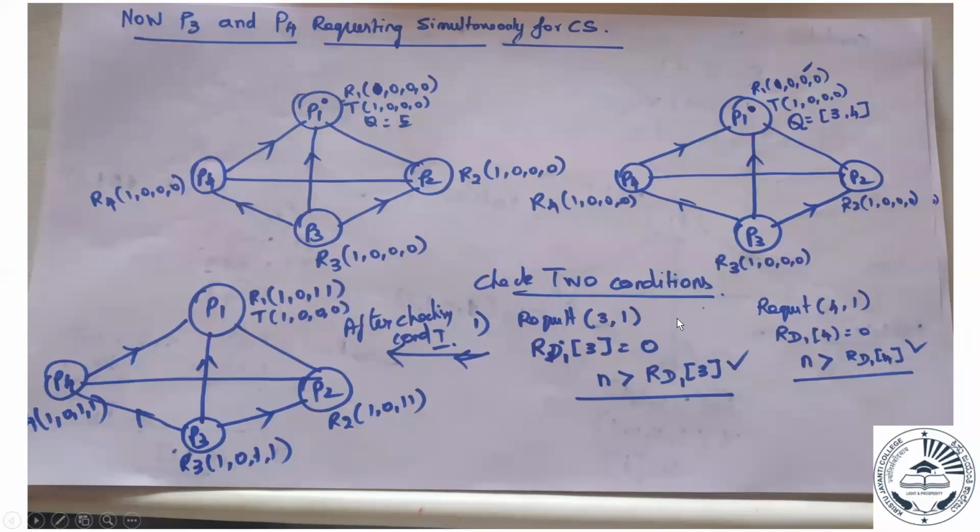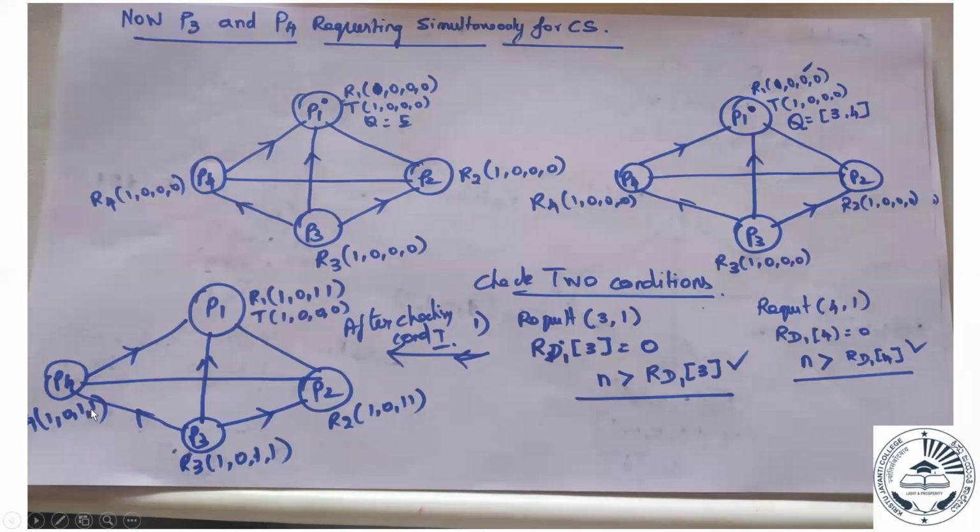When these two conditions are satisfied, after checking condition 1, you can see the diagram. P1's third value of the array becomes 1, 1. Here it is 1, 1, here it is 1, 1, and here it is 1, 1.